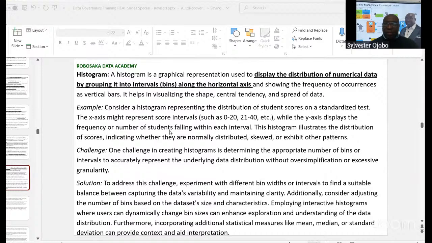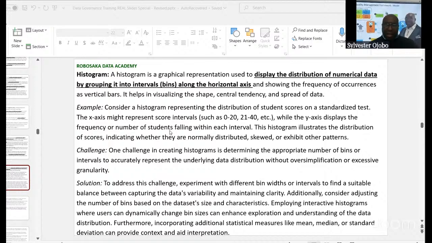A histogram is a graphical representation used to display the distribution of numerical data by grouping it into intervals, that is, bins, along the horizontal axis. So, for example, how you represent the distribution of student scores on a standardized test.